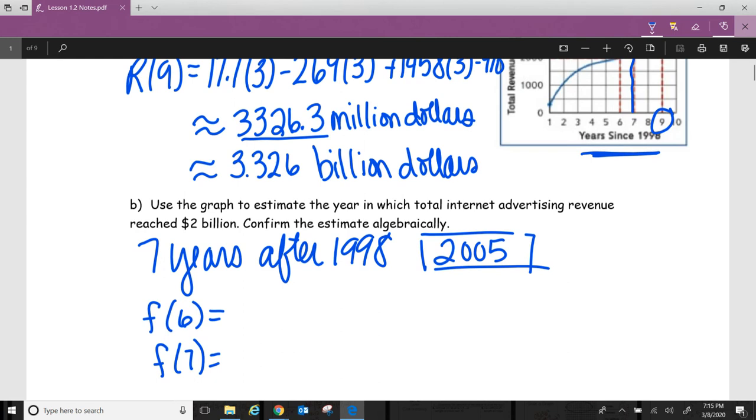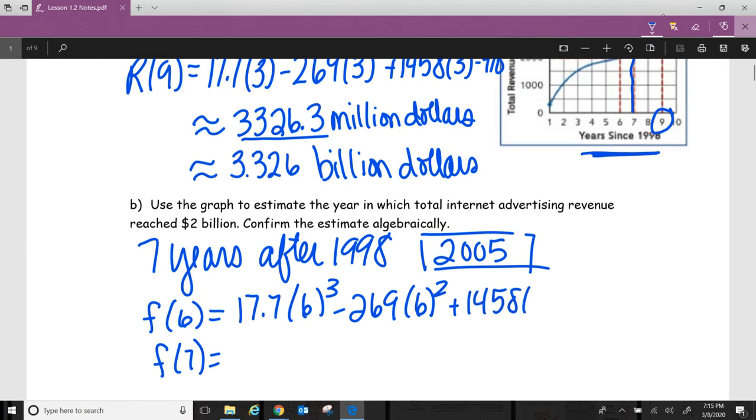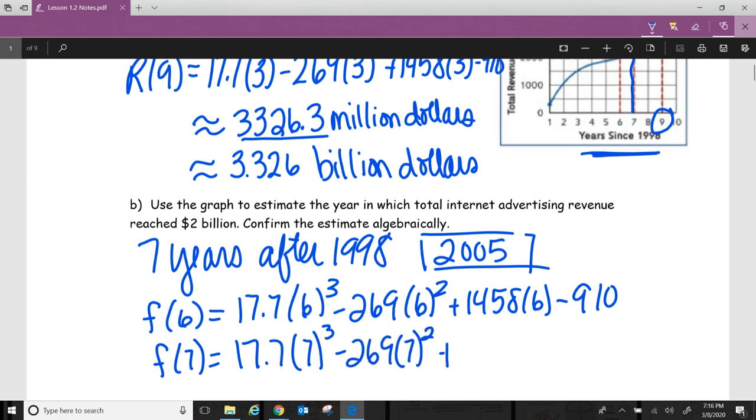So 17.7 times 6 cubed minus 269 times 6 squared plus 1458 times 6 minus 910. And we're going to do the same thing with 7. This is just a matter of plugging it into our calculator.